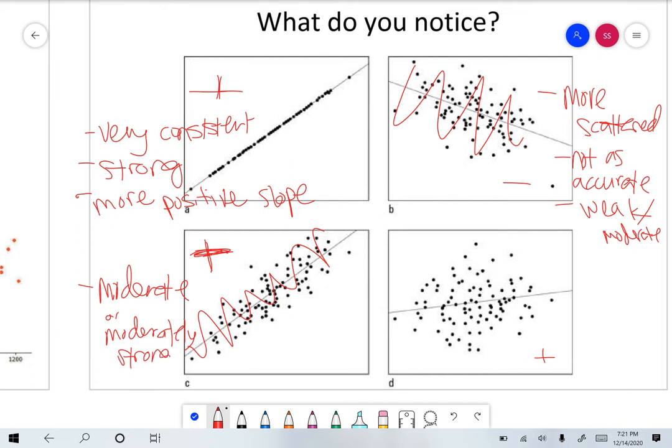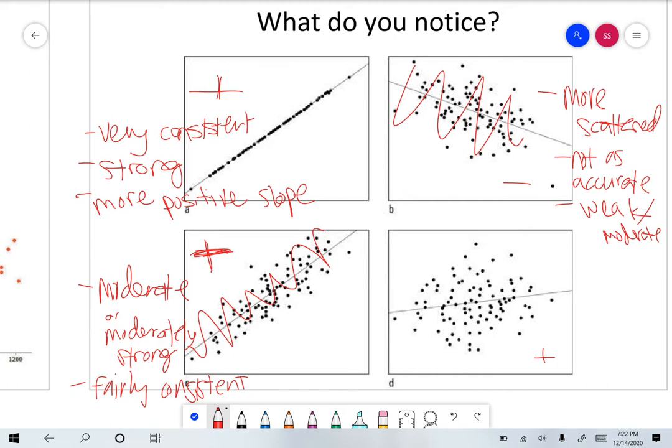I'd probably say moderate, but could be moderately strong relationship, meaning it is fairly consistent. Right? It's more spread out than this one, but way less spread out than that one.